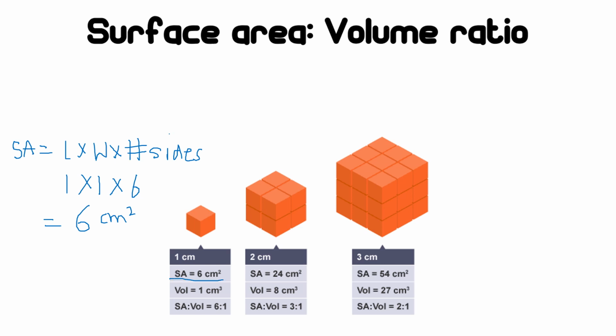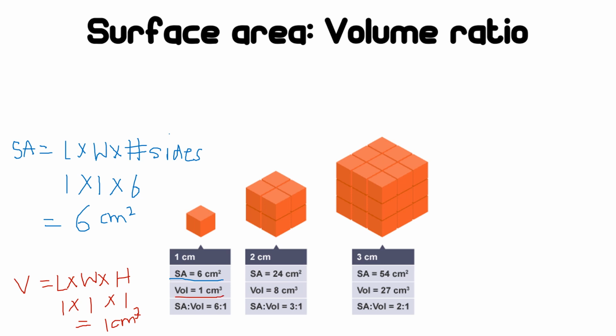Then you're going to calculate the volume. So volume is length times width times height. And for this cube here, the length, width, and height are all 1 centimeter again. So we do 1 times 1 times 1, which is then 1 centimeter cubed, which we can see here.